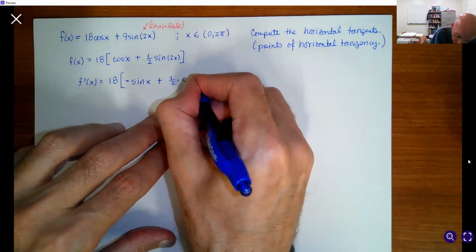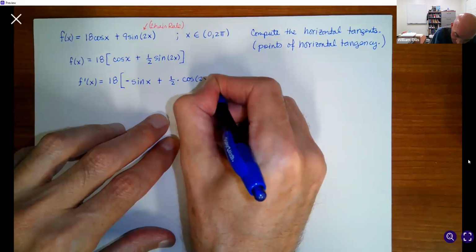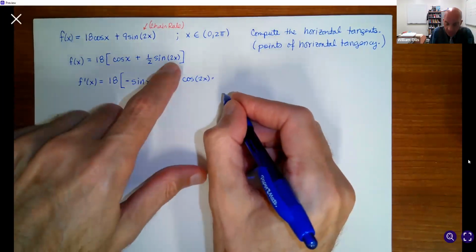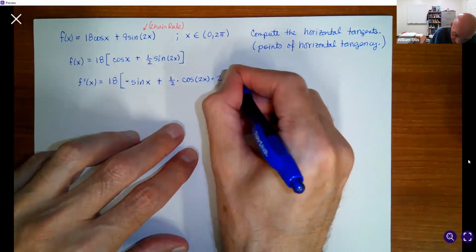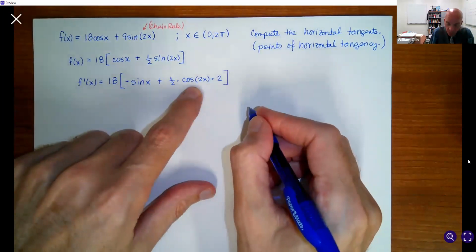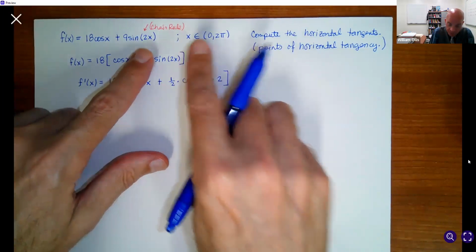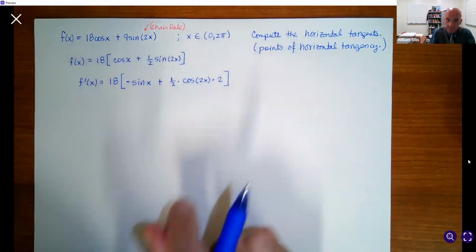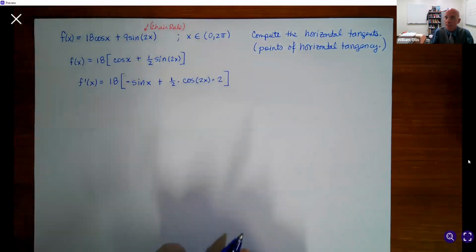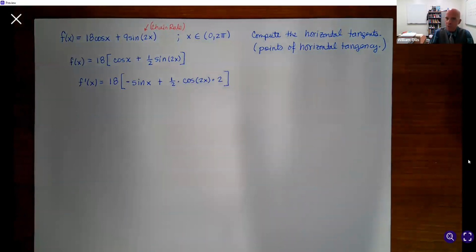So that's the outer derivative, cosine 2x. And then times the derivative of the inner function, which is 2. Okay? So again, this is the chain rule. The outer derivative times the inner derivative. Outer derivative, inner derivative. Always. It will take some practice to get used to it, but once you do, it'll be natural to do.